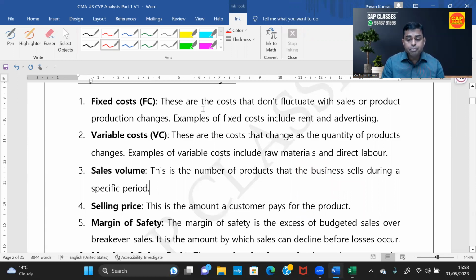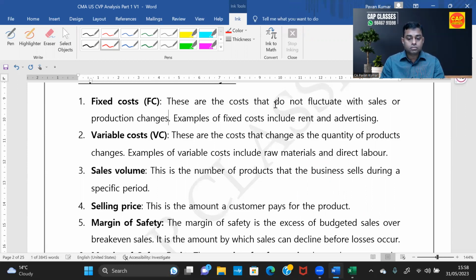Okay, so what is fixed cost? These are the costs that do not fluctuate with sales or production. Examples, rent, advertising.